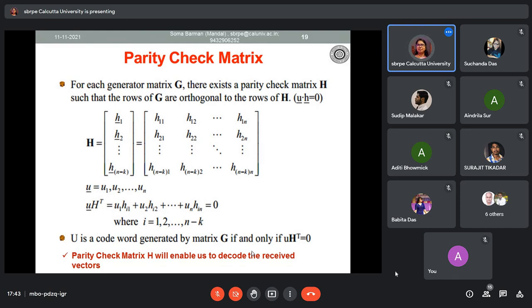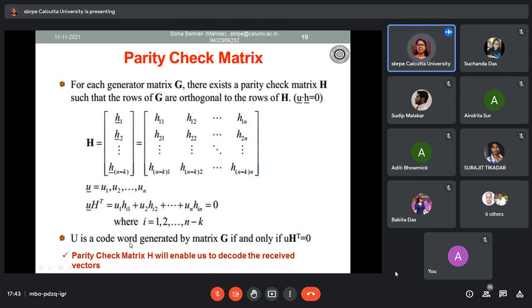U is a code word generated by G. For each generator matrix there exists a parity check matrix, and G H transpose should be equal to 0. So obviously, since the code word U is also generated from G, U H transpose should also be 0.